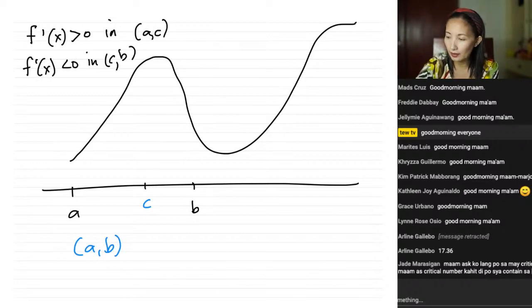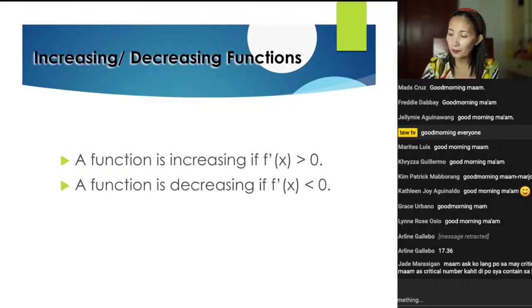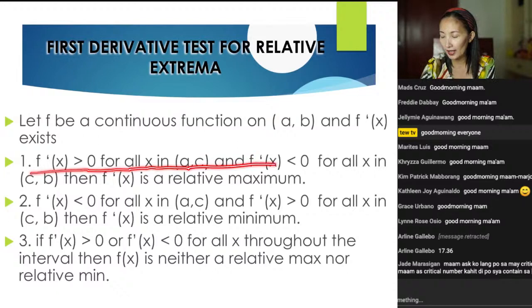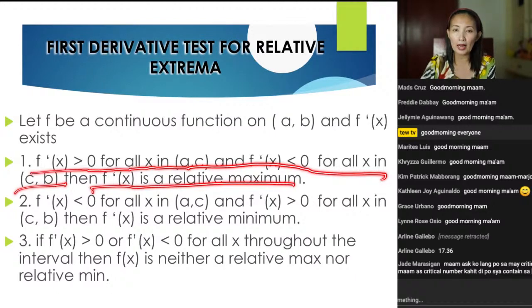Next, what did we say about that? If f prime of x is greater than 0 for all x in AC and f prime of x is less than 0 for all x in CB, then f of x has a relative maximum.